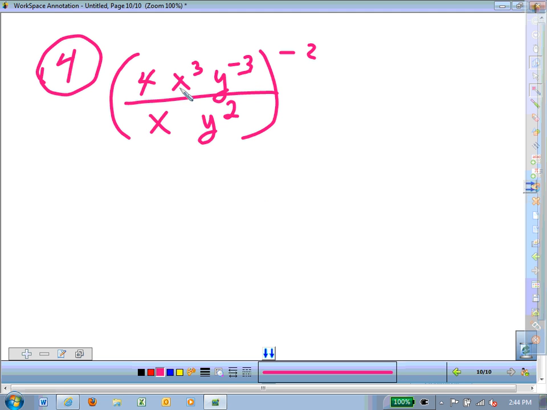And there are different things we can do. We can combine x's, combine y's. We have this that would multiply the exponents inside. So you sort of have a choice of which things to do first.